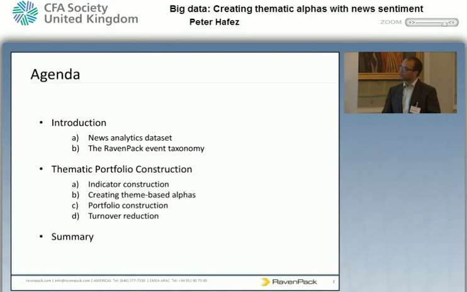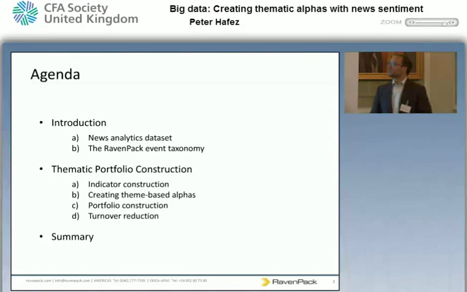The third step is bringing those different alpha strategies together into a portfolio. I'll explain a little later why we have taken this approach, creating multiple alphas and then combining them in the end, because it gives you some benefits, especially in bringing down turnover. But I'll talk more about that.